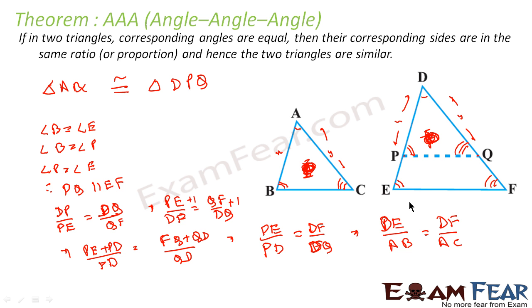So DE by AB is equal to DF by AC. That means both sides are proportional. Similarly, I can do this for the other side also. I can just draw a line parallel to it and prove this.